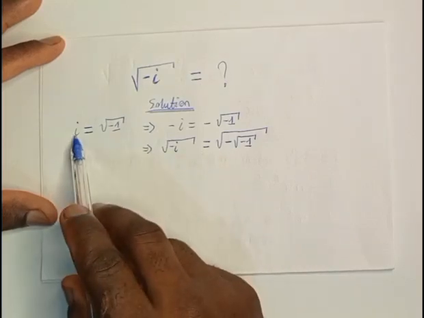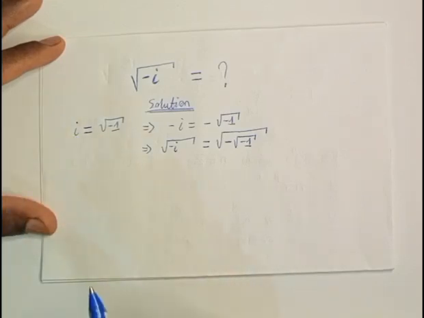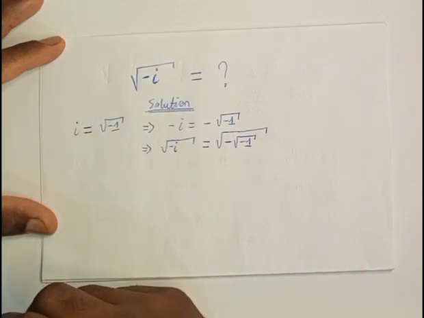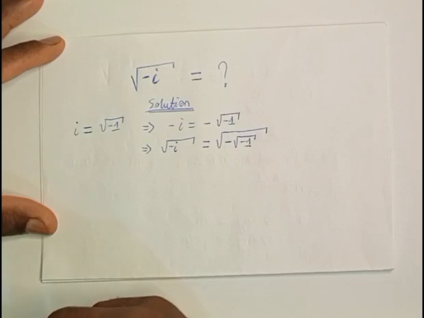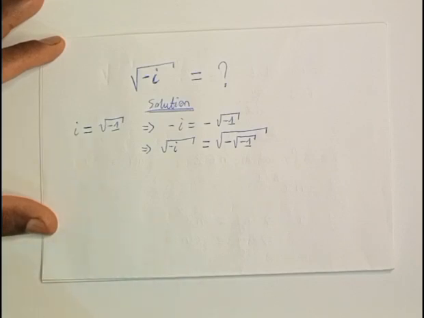i is a complex number of which the real part is 0. Negative i too is a complex number of which the real part is 0. The square root of a complex number is a complex number.